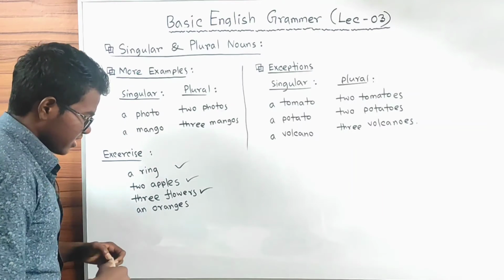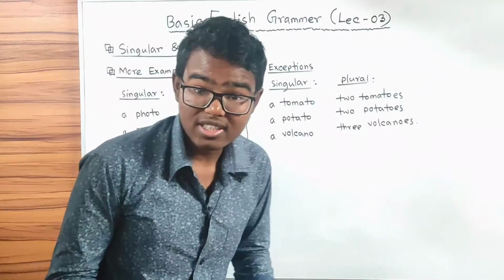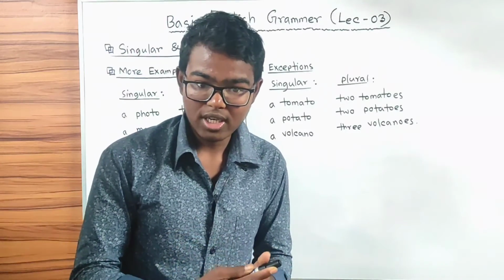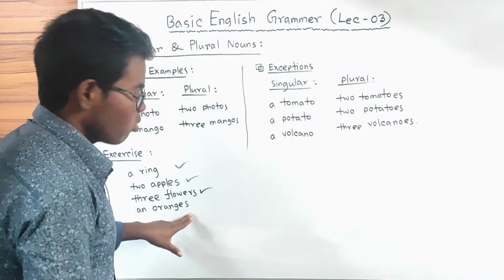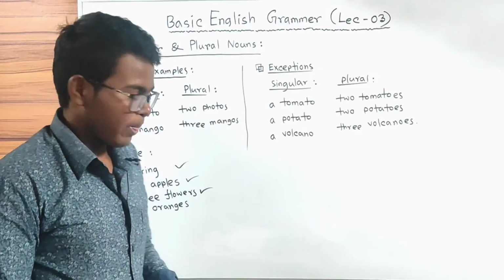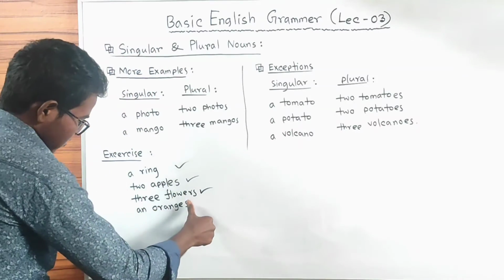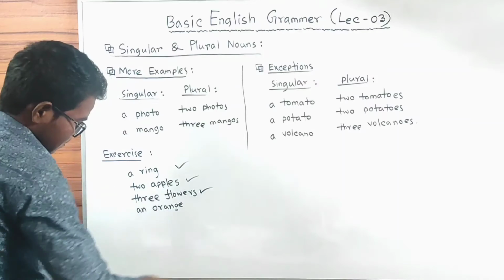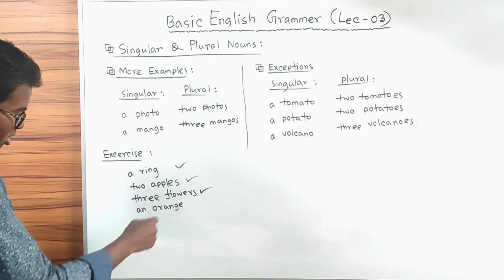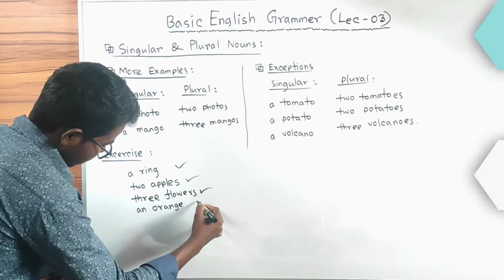An oranges, an orange means one orange, it's singular, and we don't put s with a singular noun, so we have to remove this s from the end. So an orange, now it's correct.